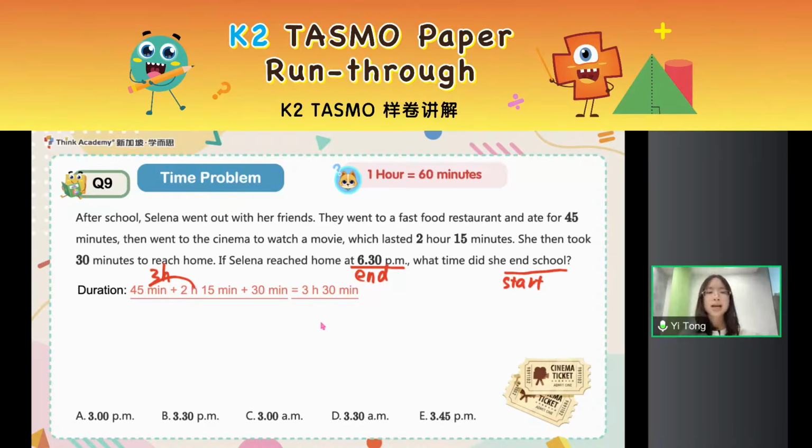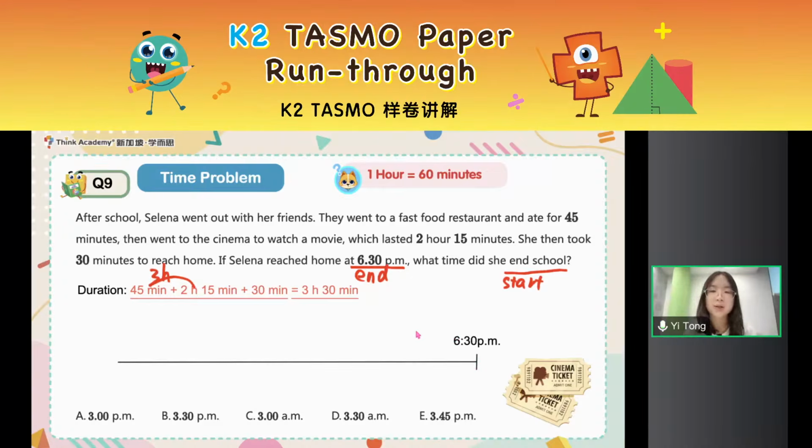Now, what time did the things end? It's 6:30 p.m. Right, so let's draw the timeline. And the end time should be on the left or right? On the right. So 6:30 p.m. Oh, then we go backwards. Remember just now we said hour and hour go together, minute and minute go together. Right, so for hour, what hour is it? 6.